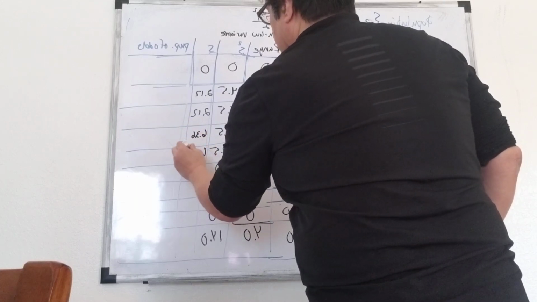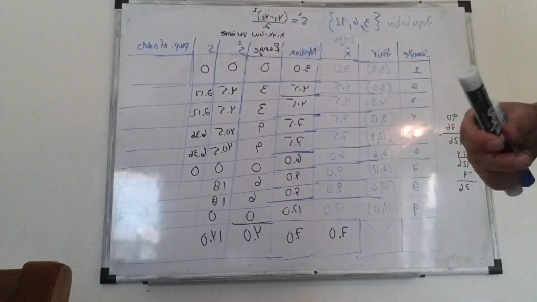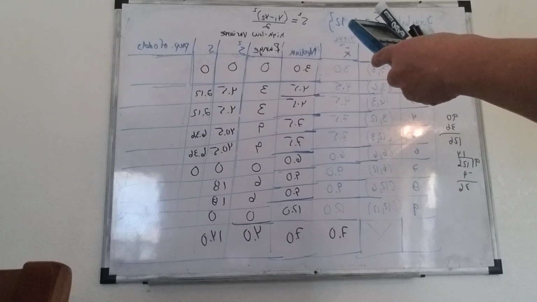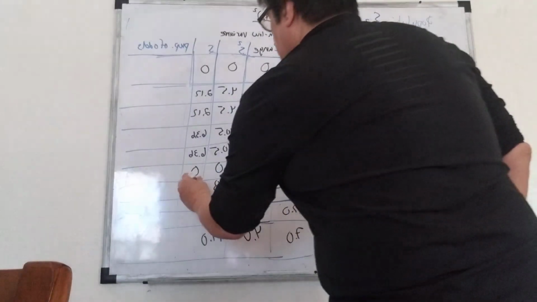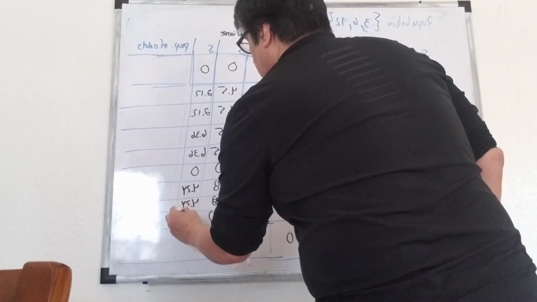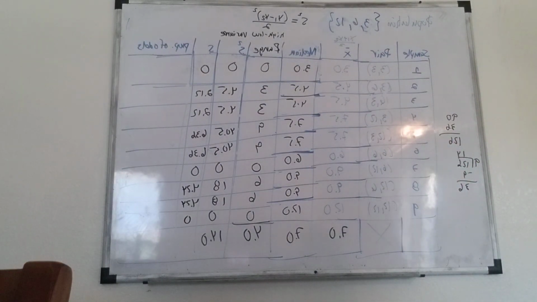6.36 again. Square root of 0 is 0. Square root of 18, that's about 4 point something, 4.5 maybe. I get 4.24. 4.24 and 0. On my calculator, I'm going to add those up and divide by 9.